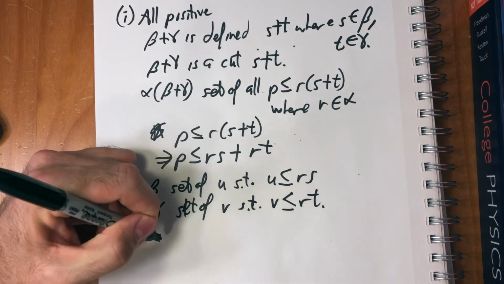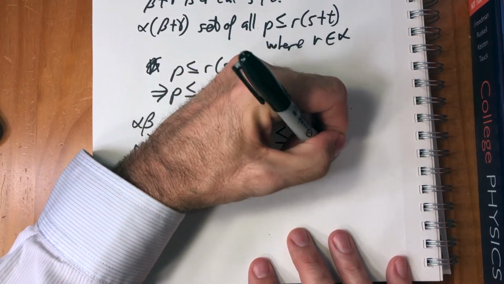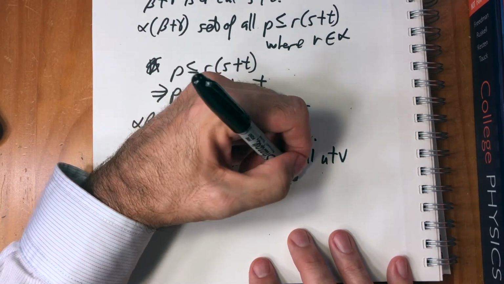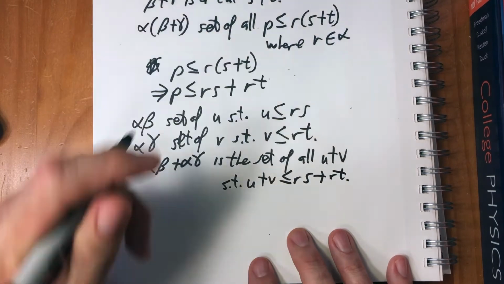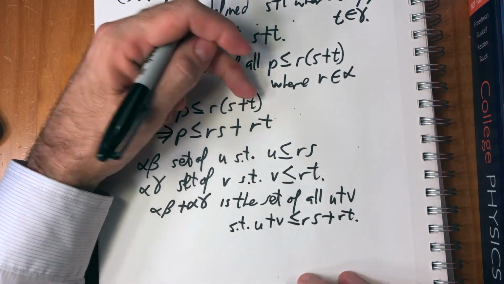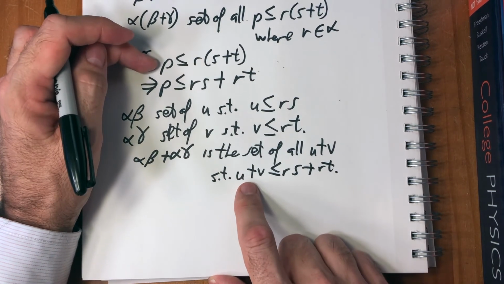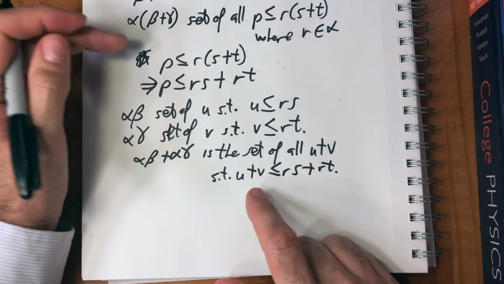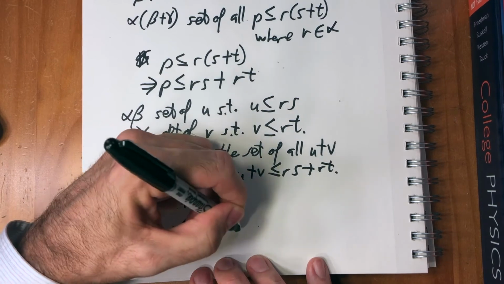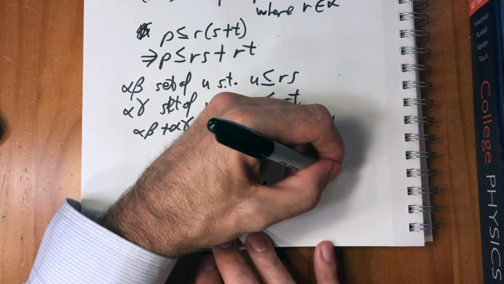So then alpha beta plus alpha gamma is the set of all u plus v such that u plus v is less than or equal to rs plus rt. So we already showed that p is less than r times s plus t, and we have that u plus v is rs plus rt. That means that p and u plus v are the same. So we have that alpha times beta plus gamma equals alpha beta plus alpha gamma. That's for positive numbers.